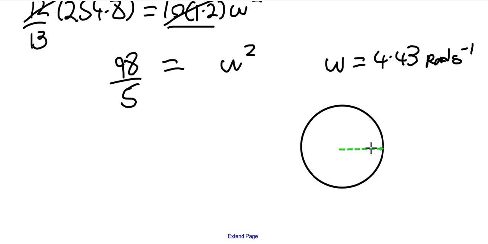Every second, I'm covering a distance of 4.43 times the radius. So this distance I covered here to here, that's 4.43 radius lengths. It's roughly the same thing as saying I'm covering 238 degrees per second. That's how much angle I'm covering every second.